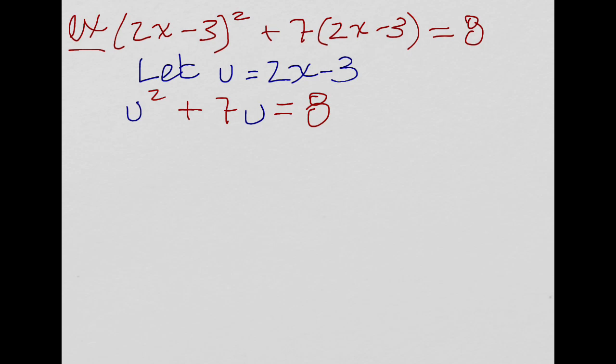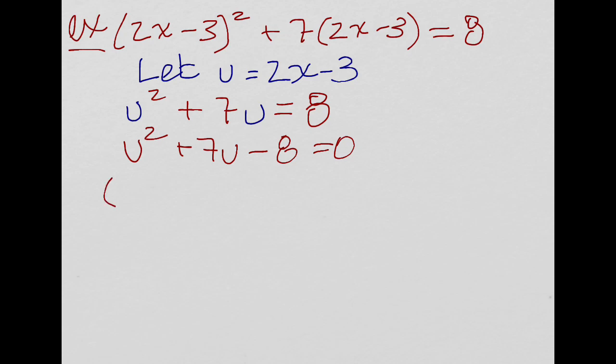Our main two ways of solving equations like this, quadratic equations, are factoring and the quadratic formula. Both of those require that I subtract the 8, so I have everything on the same side. So I'm going to say this is u squared plus 7u, and I'm subtracting 8. 8 minus 8 on the right is 0. And now that is something that I can factor.